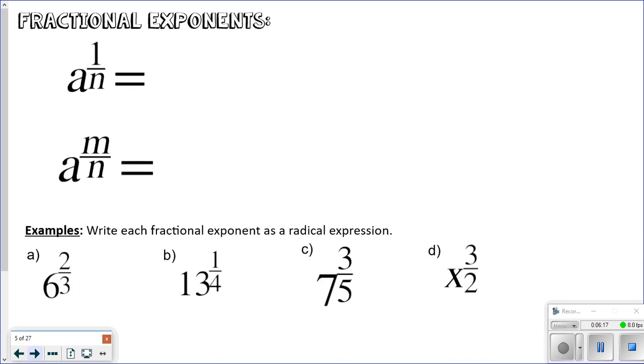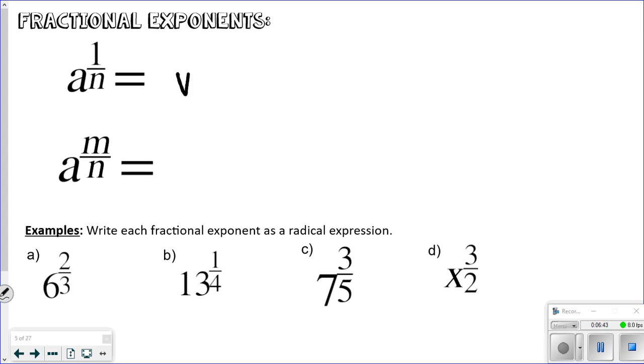Next, the book talks about fractional exponents to kind of tie in what we've learned before into what we're currently learning now. So if we look at this, a fractional exponent can be written as a radical. Okay?